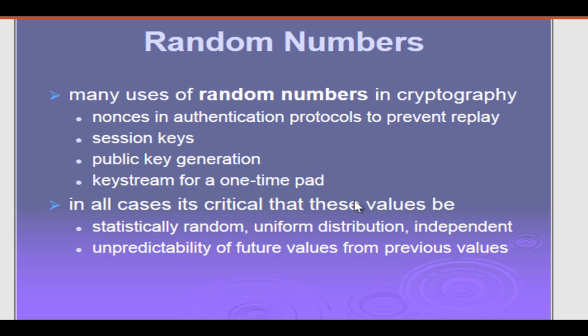It is automatically generated from their computer and sent to yours. The one-time pad is similar, so random numbers are very useful here too. In all these cases, the critical point is that the values have to be statistically random. It is not like blindly taking some values out of thousands and lakhs of values. The sequence of random numbers you choose should be statistically random.